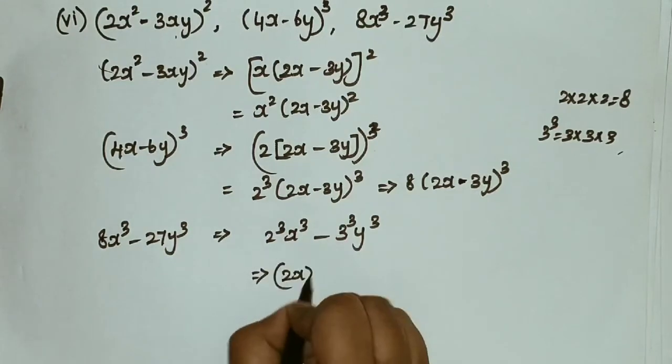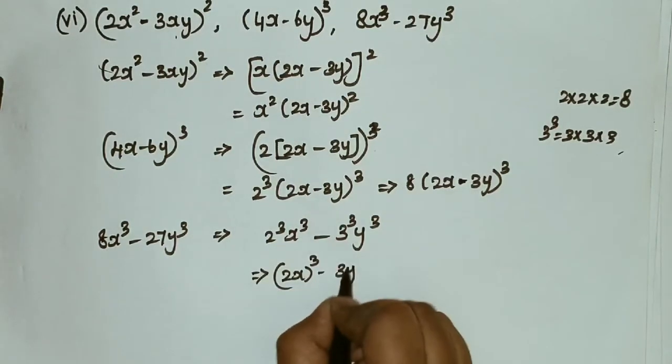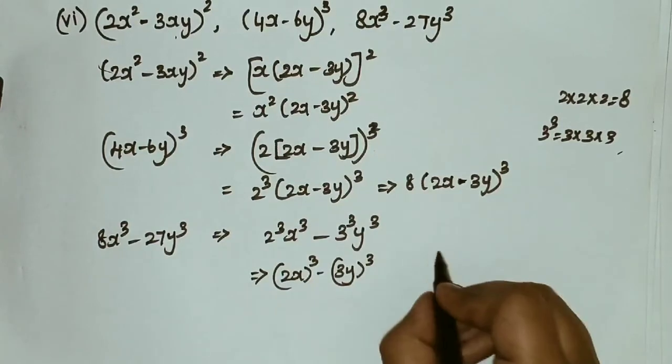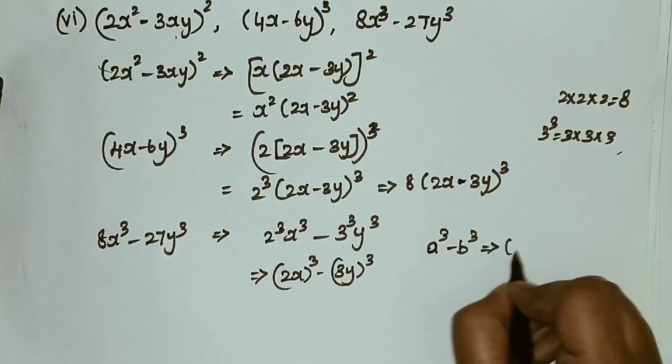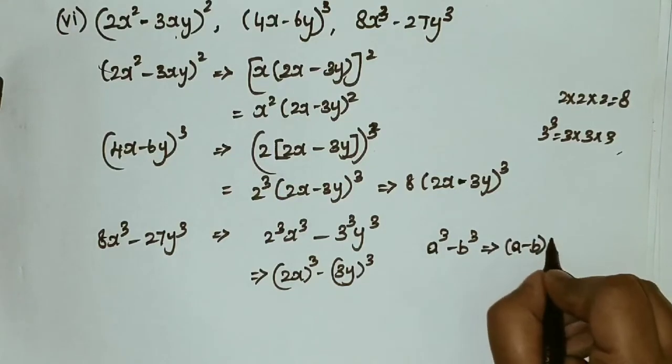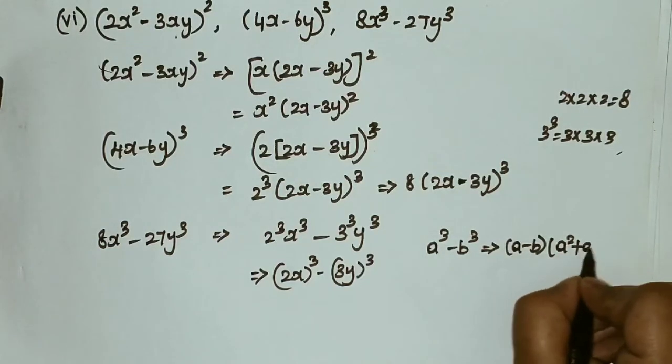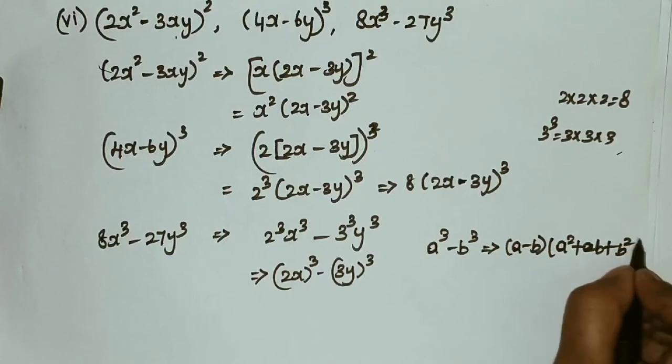Can write this as 2x whole cube minus 3y whole cube. This is in the form of a cube minus b cube, which is equal to a minus b of a square plus ab plus b square.